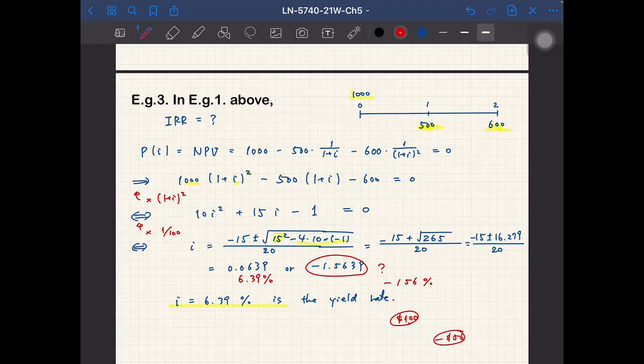The amount of asset and liability just changes after 1 year. Asset becomes liability. If we think about that kind of very strange world, we may find one solution, negative 156%, but it does not make sense. So we define the yield rate as the positive solution.